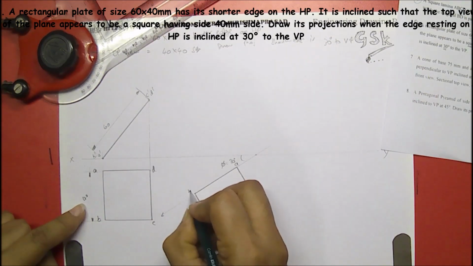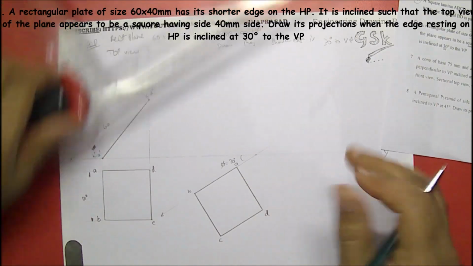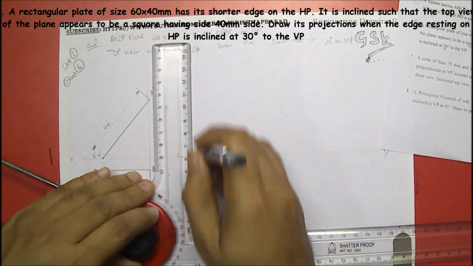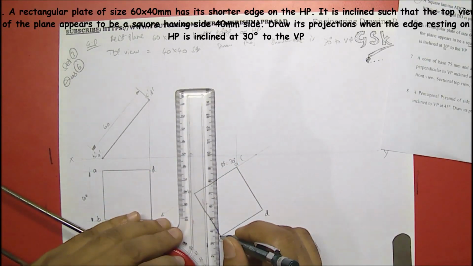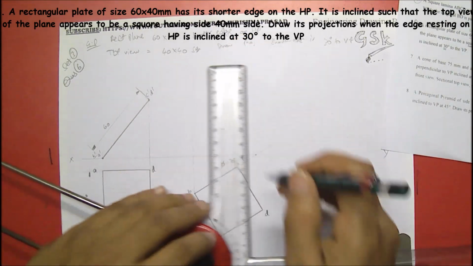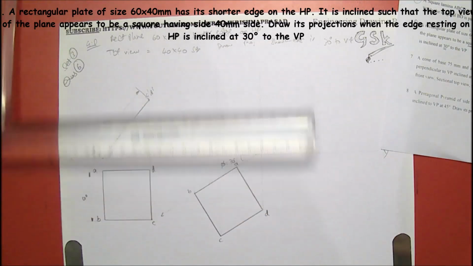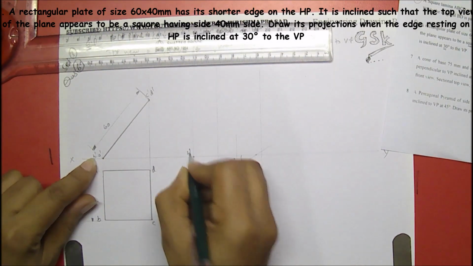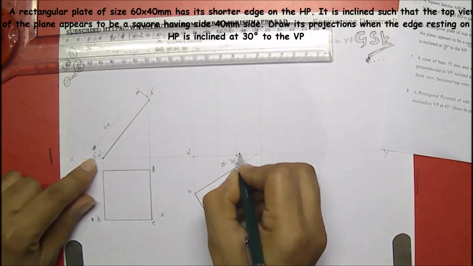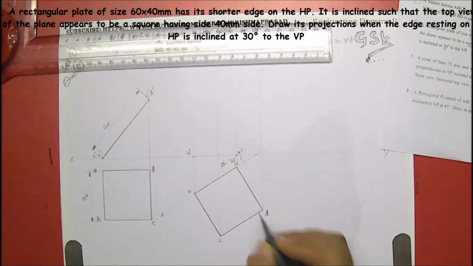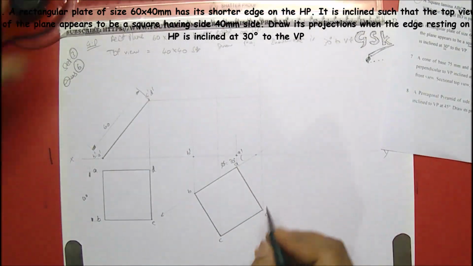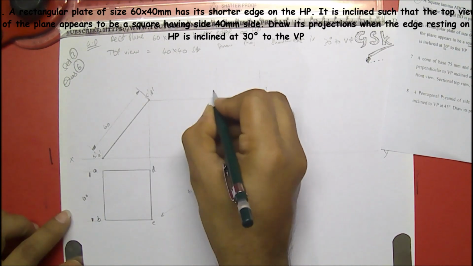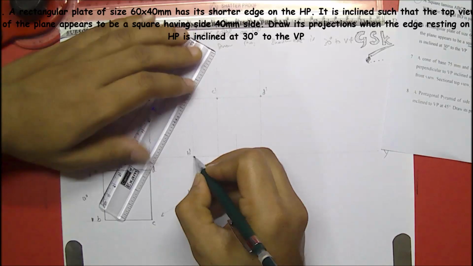This would be A, B, C, D. Now draw the projectors from this to the front view. From B to B dash, and from A to A dash, and from D you have to draw the projectors over here. From D, D dash, and from C, C dash. Now we have got the points. Now join this.